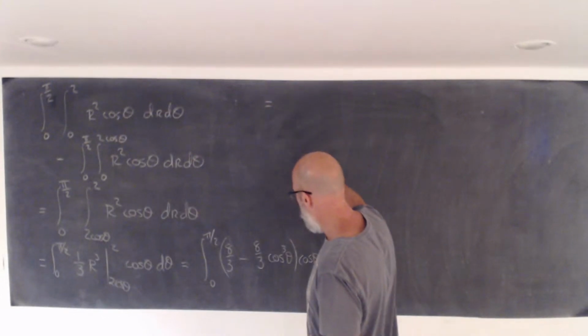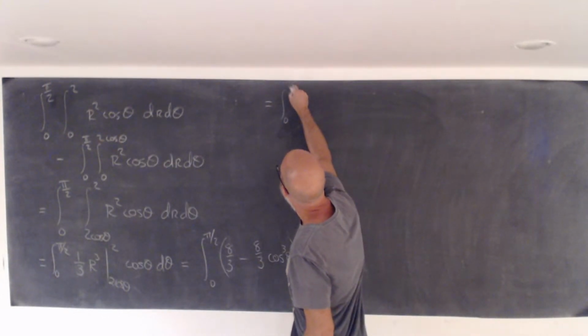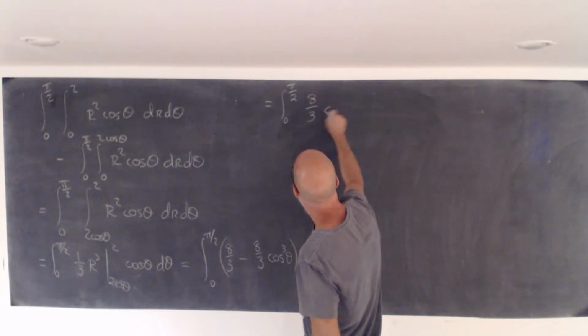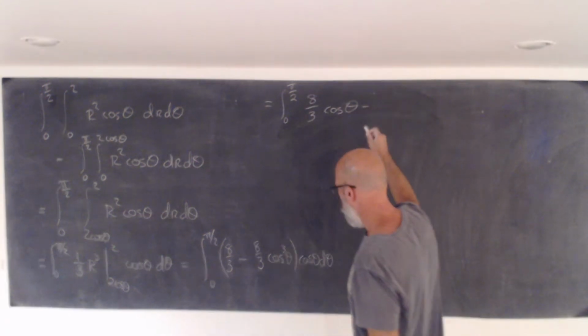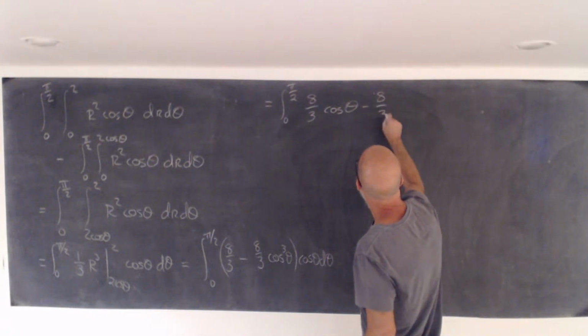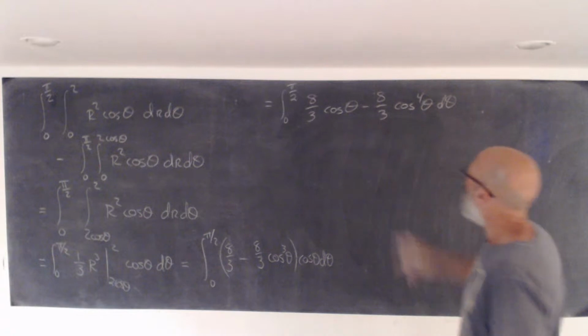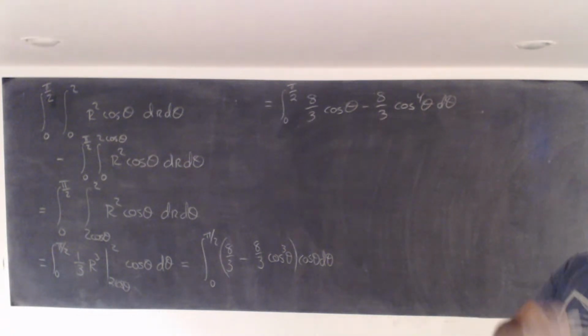And what is that? That's 8 over 3 cos minus 8 over 3 cosine to the 4.